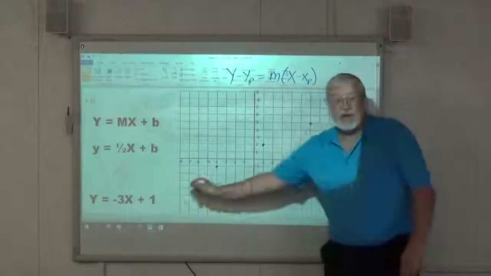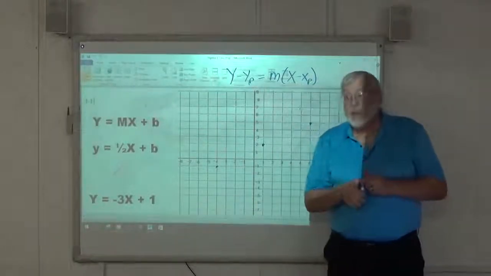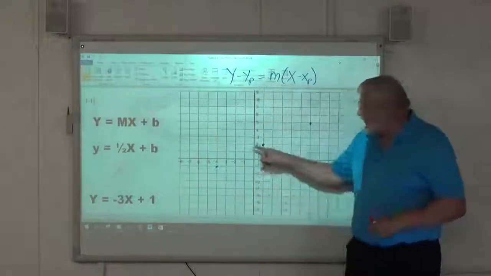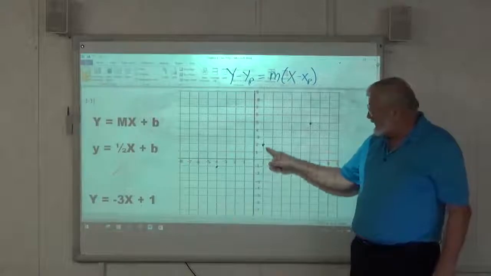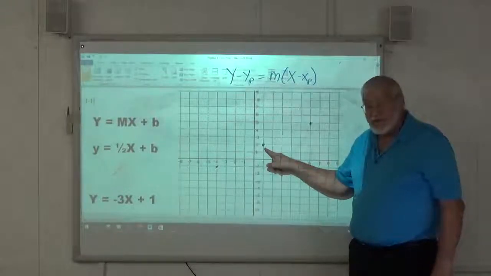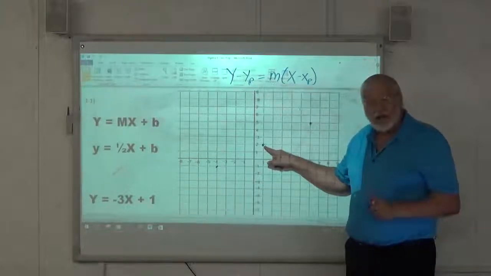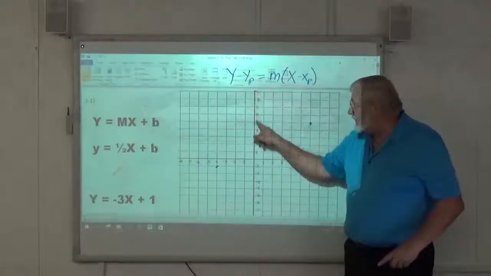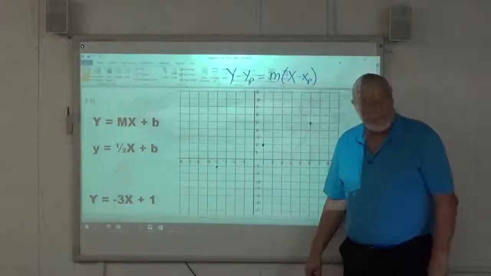All right, and then I draw my line through that. So from the slope point, instead of this being on the axis, this is wherever it is. But the slope from this point is counted exactly like the slope if it were a y-intercept point.